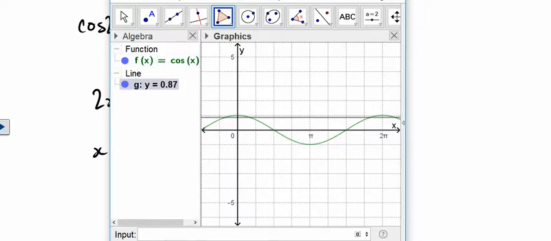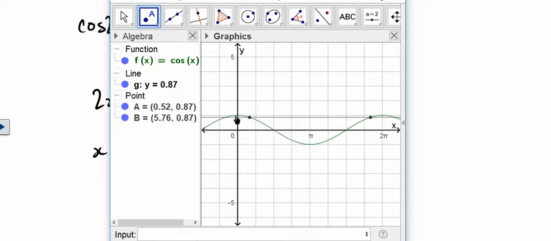So that gave me a line. Do you see it? You see the line there? Okay. And so it crosses the green curve of cosine is equal to root 3 over 2 in two places. We're okay with that?